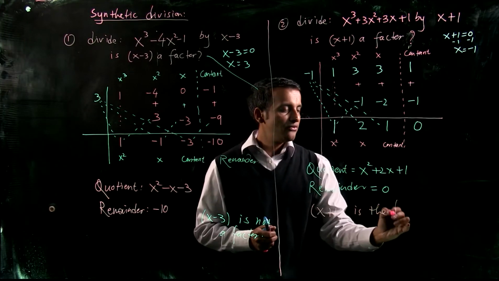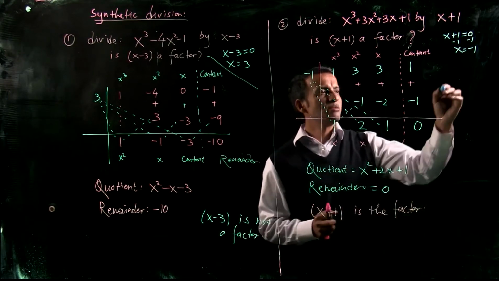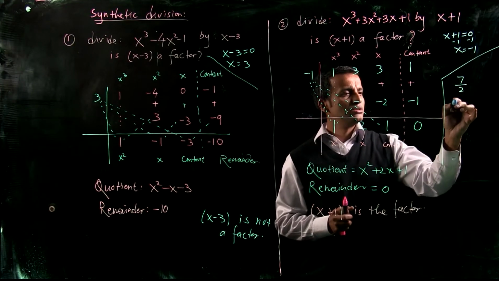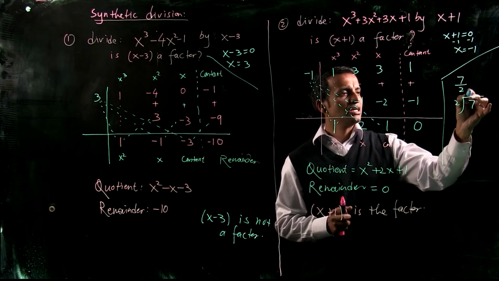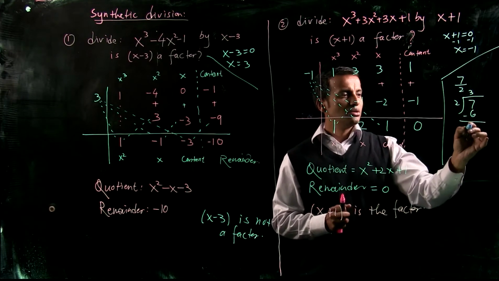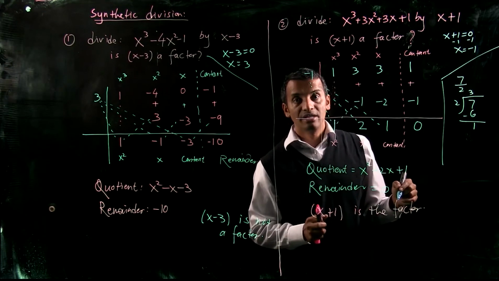This factor idea is similar to numbers. Let me take an example. If you divide 7 by 2, 2 times 3 is 6, and subtracting leaves 1. The remainder is 1, meaning that 7 is not divisible by 2.